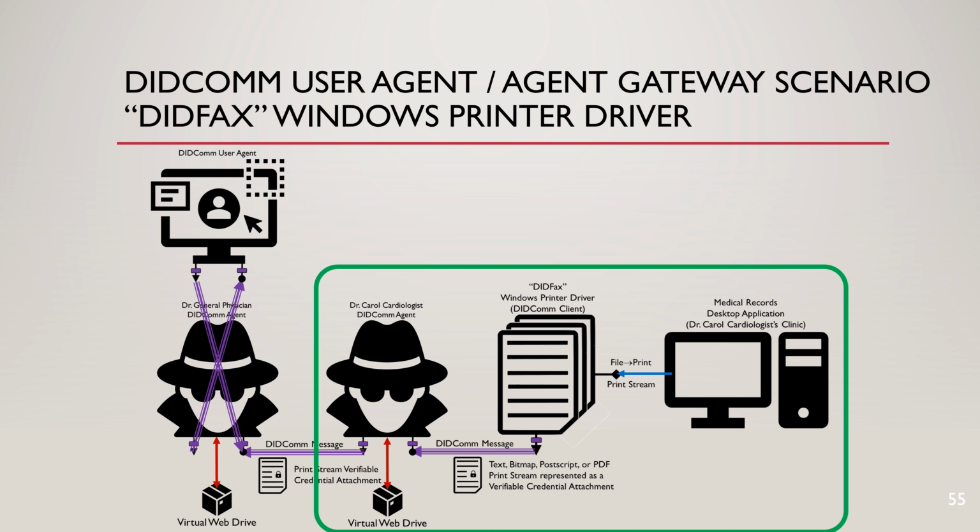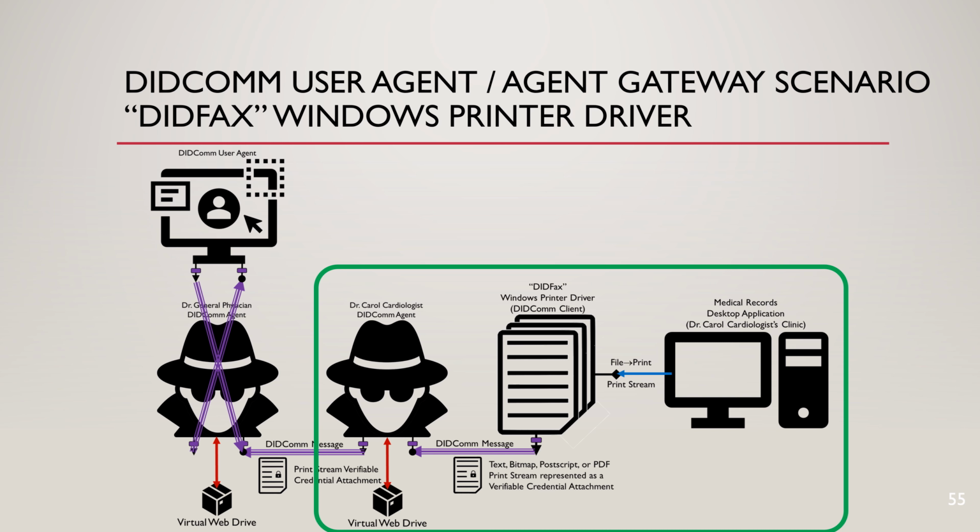And the idea here is that they're using the file print capability and a custom printer device driver to cause the print stream for the doctor's notes to be captured as a verifiable credential in the DIDFax Windows printer driver, which in effect is a DIDComm client.